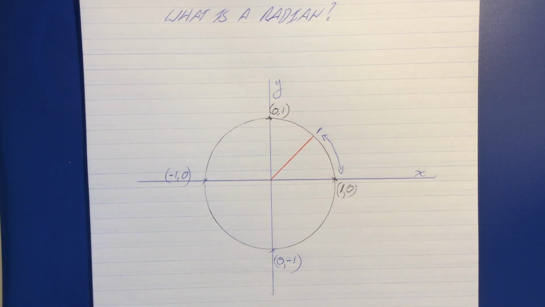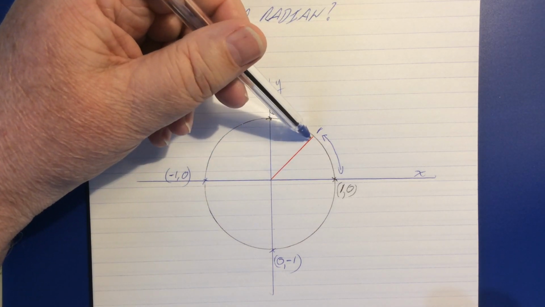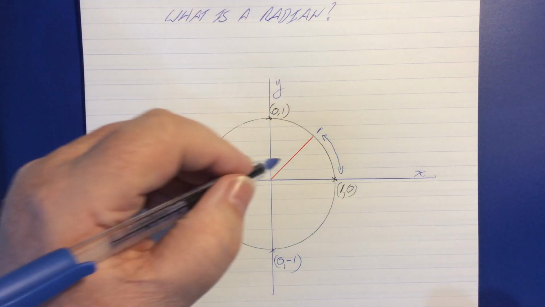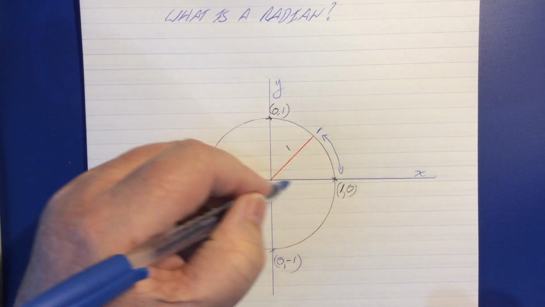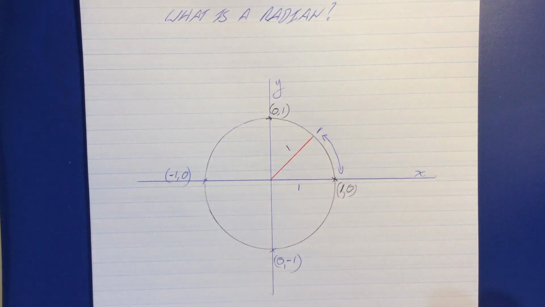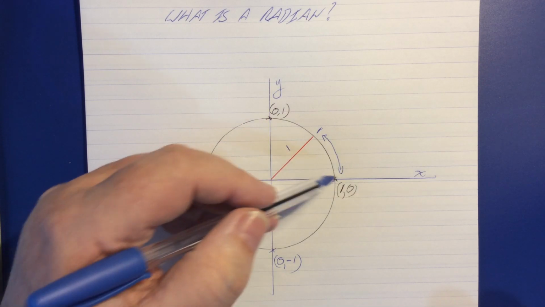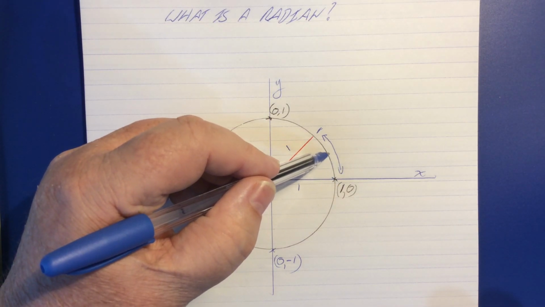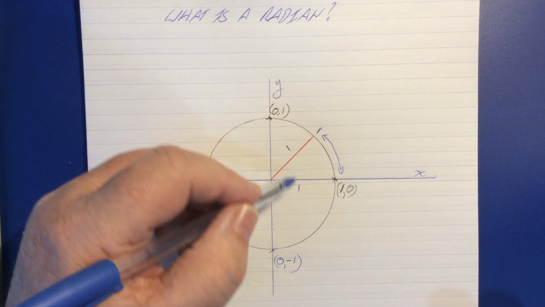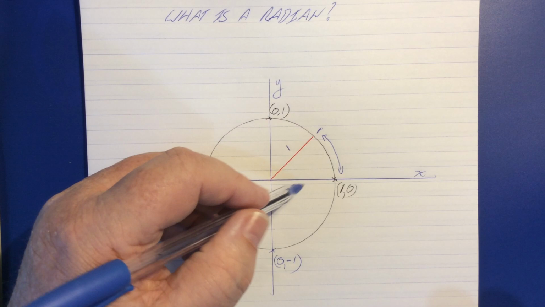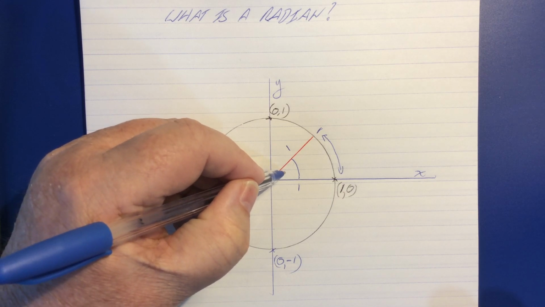Now, if we draw a radius from the origin out to the edge of the circle, the length of that radius is going to be 1, just as the length of this line here is 1. Okay? Now, if we draw that radius in such a way that the distance around from here to here is 1, so we have 1, 1, 1, the angle in here is 1 radian.